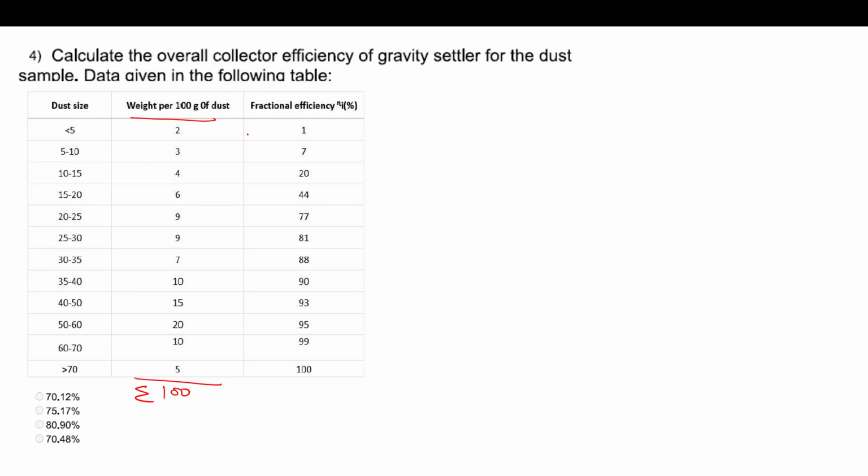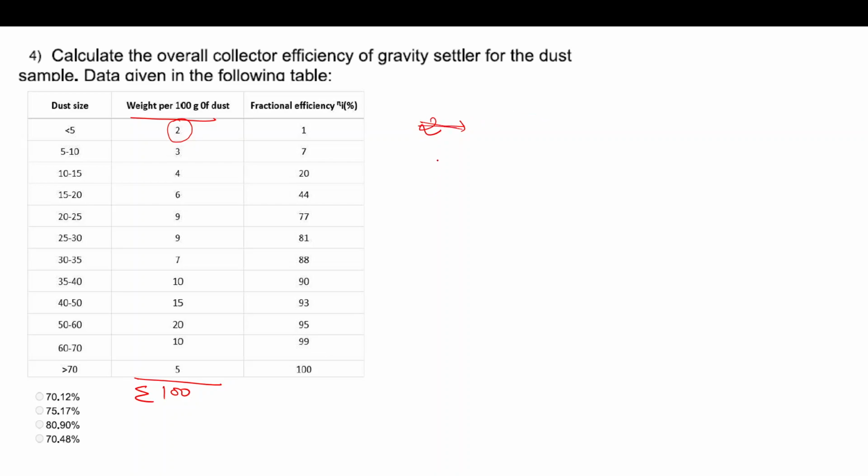Just for simplicity, for example, out of 100 grams, if dust having size less than 5 units is having 2 grams, and out of 2 grams only 1% is able to be separated, then for efficiency, you try to calculate out of 100. So out of 100, what will be the amount that will get separated?